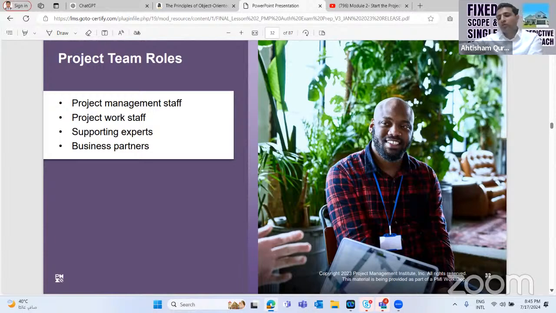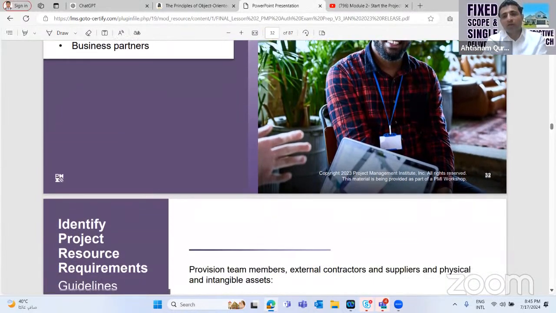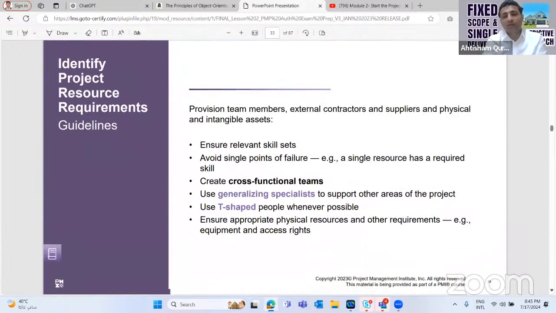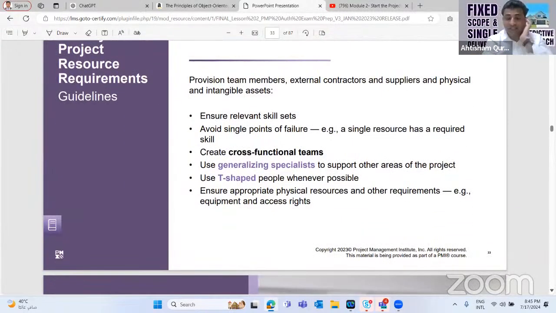So those could be members from these functions, and could be members of your project team as well. These are the support functions, but you need them. You need PMO for escalation, and Valerie is sleepy. Valerie will wake up and will practice questions.